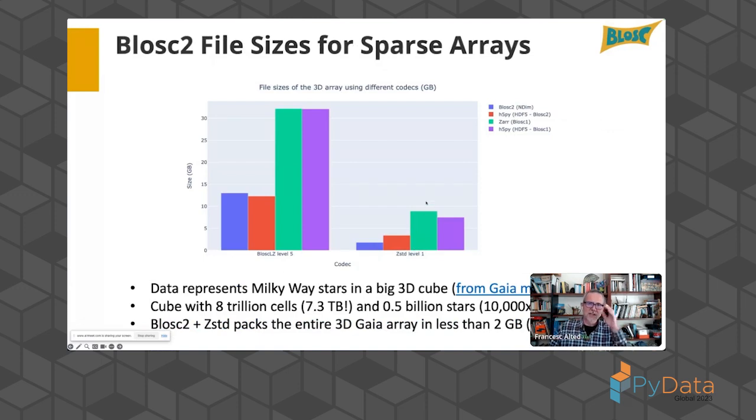Now, regarding file sizes, Blosc2 also comes with a special machinery that can optimize for sparse arrays. So essentially, Blosc implements a very fast and very easy to run run-length compression codec.